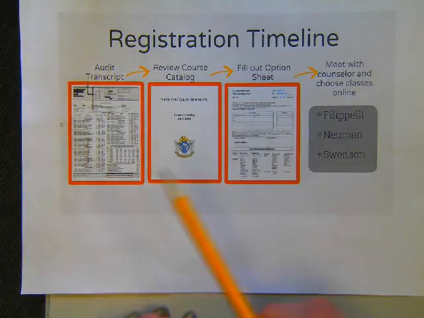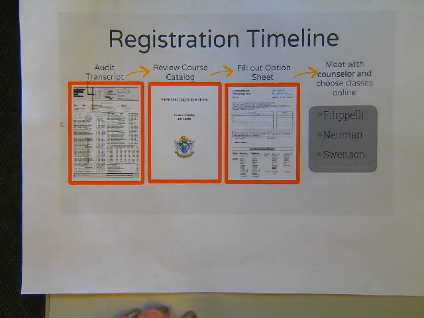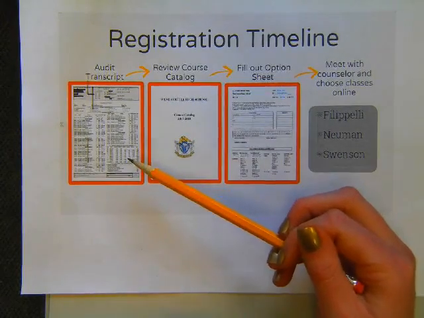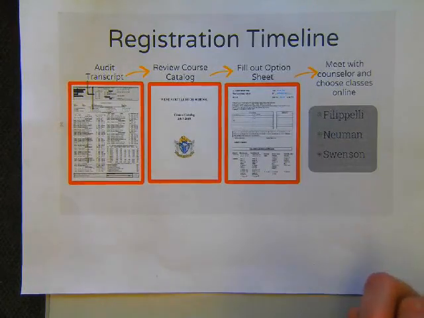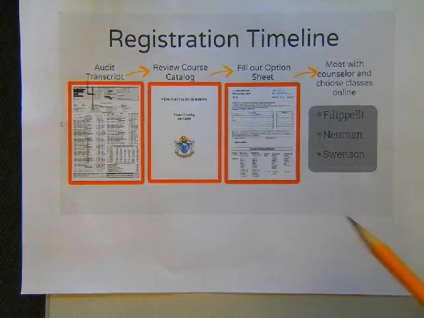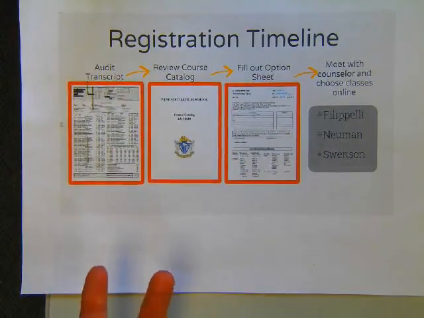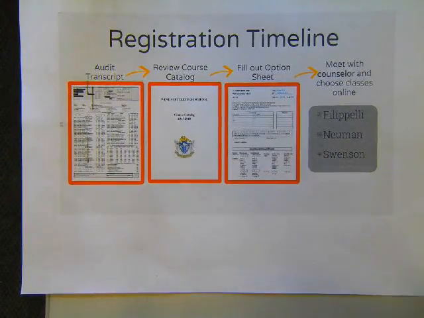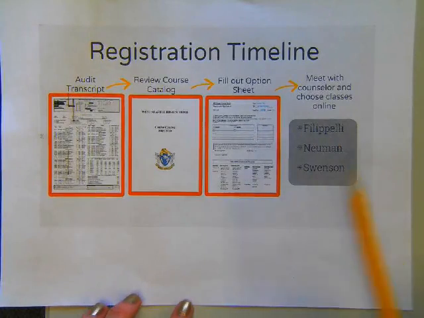So we're going to go ahead and get started with the transcript audit portion of the lesson. You will have some time. I'm going to model for you how to audit your transcript, and then for the rest of advisory, you will have time to complete this on your own. Very important that the transcript and academic history you get today also come with you to the lab on February 14th through the 16th.